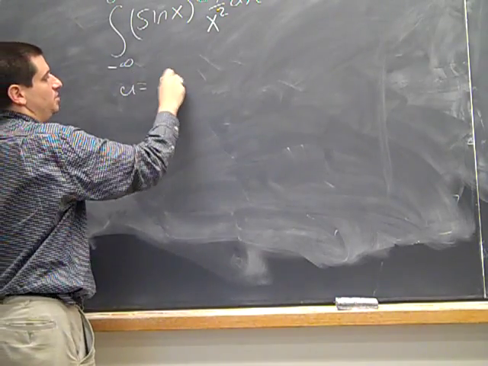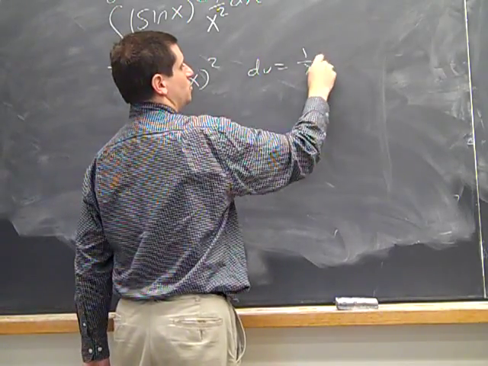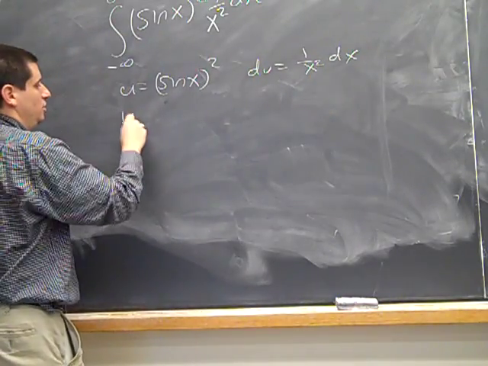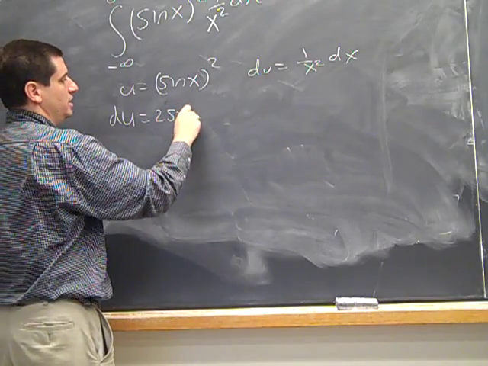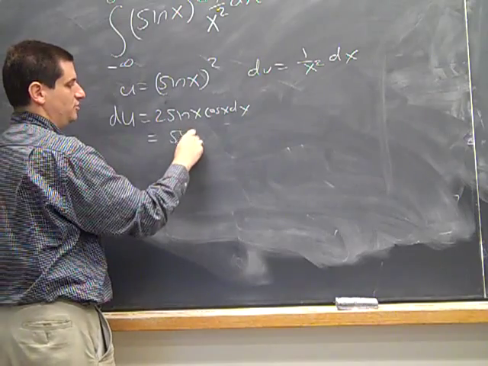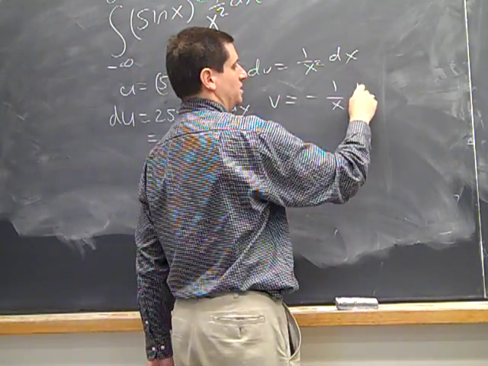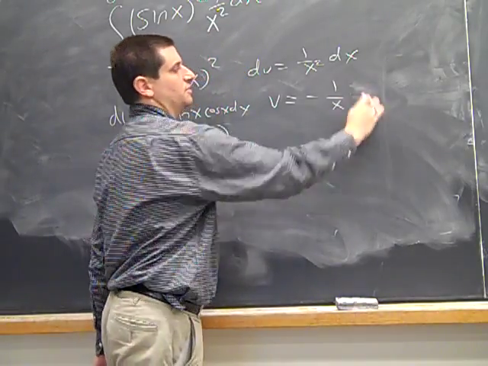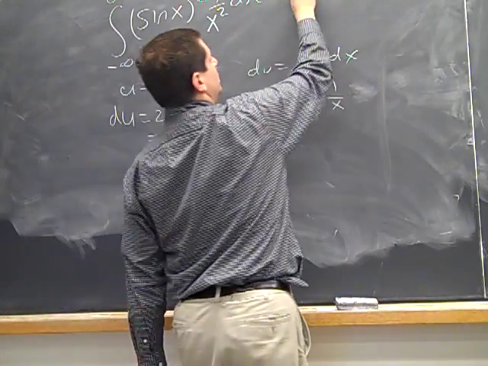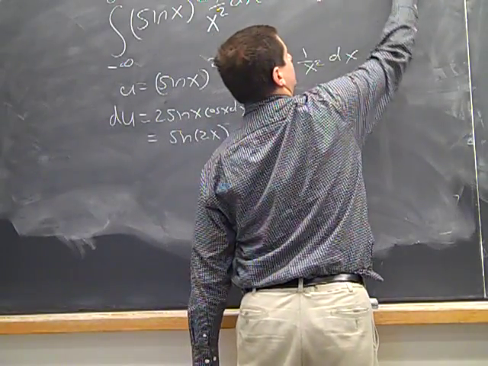Let u be the sine of x squared. dv is 1 over x squared dx. du is 2 sine x cosine x dx, also known as the sine of 2x. v is negative 1 over x. So this integral is uv from minus infinity to infinity minus the integral of v du.